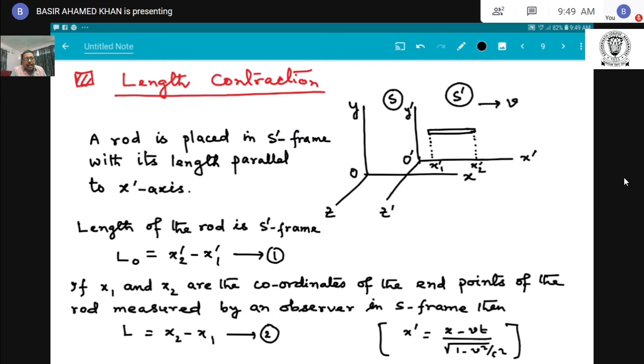If x1 and x2 are the coordinates of the endpoints of the rod measured by an observer in the S frame, then the relative or apparent length L equals x2 minus x1. This is equation 2.